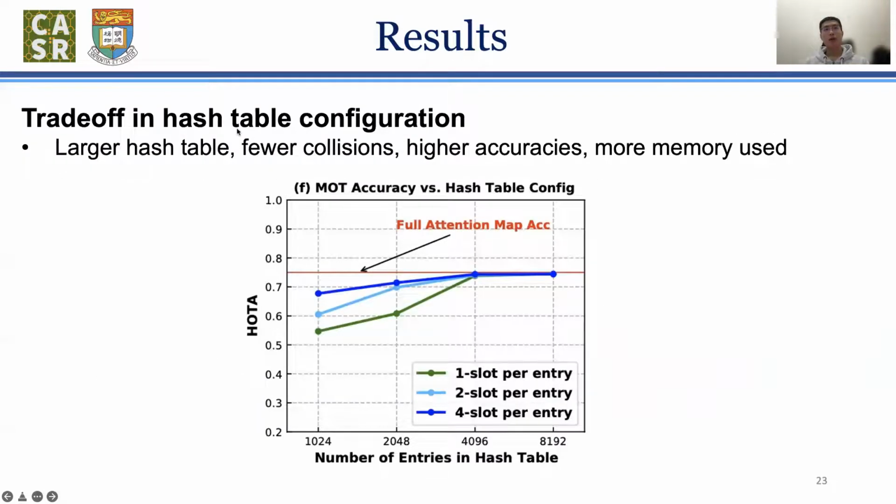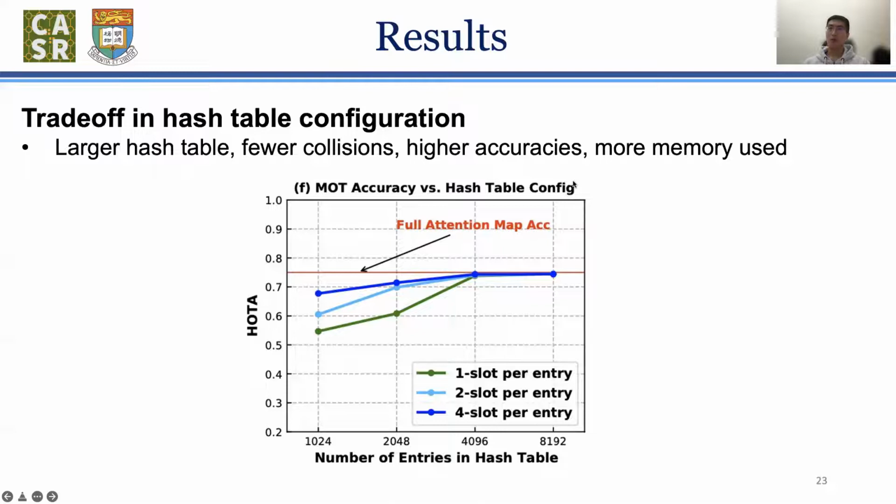Here shows an interesting trade-off in hash table design. If we use a larger hash table in the hash AMAP implementation, we will likely come with fewer hash collisions and a higher accuracy.